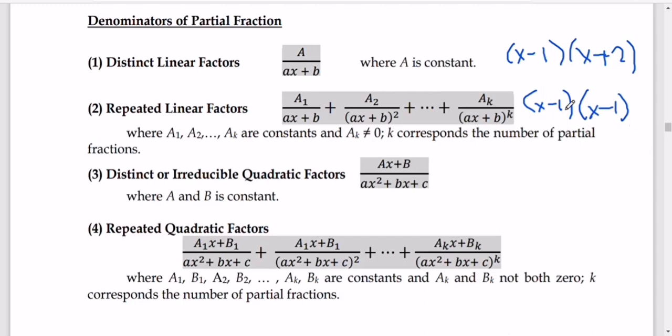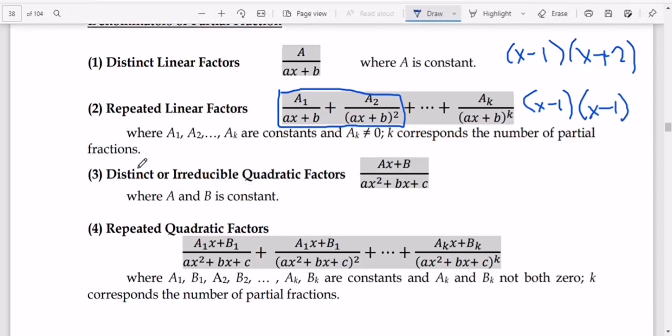This kind of example will fall in this one, where a sub 1, a sub 2, and a sub k are constants, and a sub k is not equal to 0, and k corresponds to the number of partial fractions.